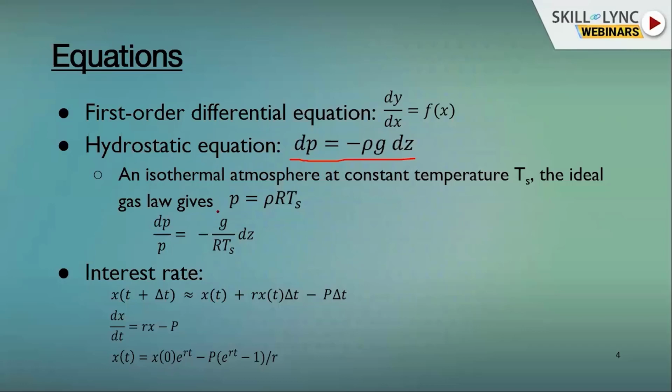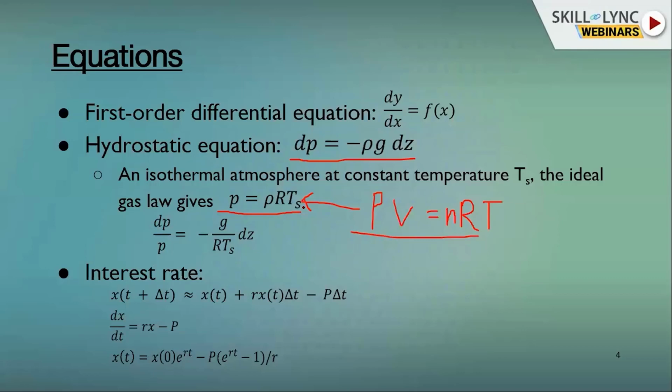And if you know that PV equals nRT, the ideal gas equation, if I convert it, it goes into this equation where P equals rho into R into T.